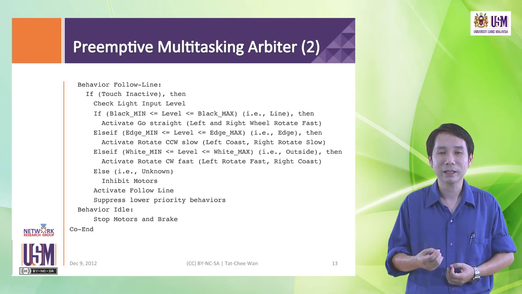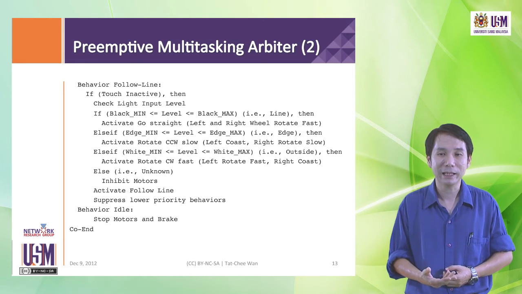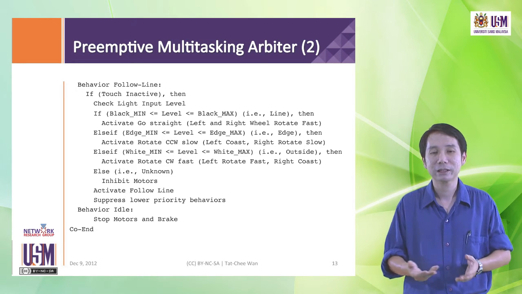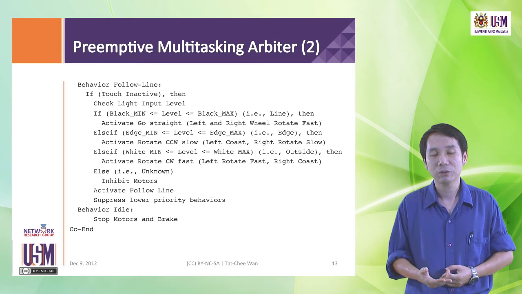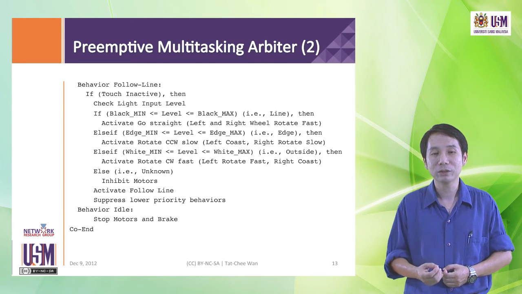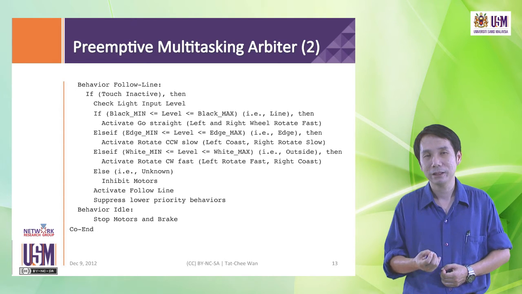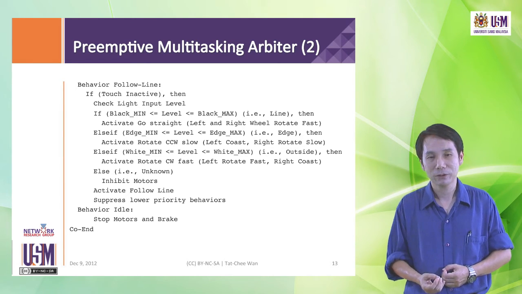Otherwise, if we cannot detect an edge, and the value is given for white, which is outside of any line, then it will perform a fast clockwise rotation in order to attempt to return to the line itself. We also add an unknown state where the motors are inhibited if we cannot recognize the color of the line on the floor.